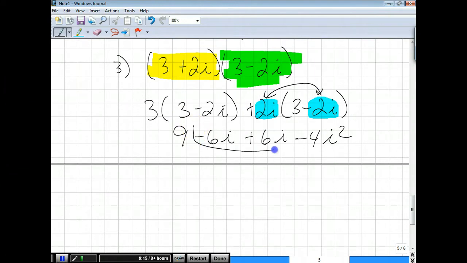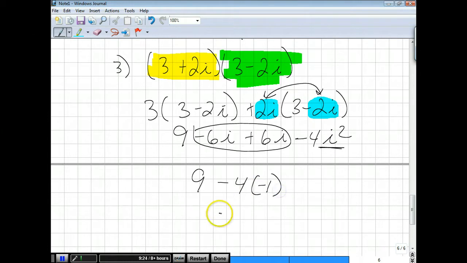So notice that these add up to 0, and remember this i squared is really negative 1. So negative 4 times negative 1 is a positive 4, so I get 13. 13 is my final answer. Okay?